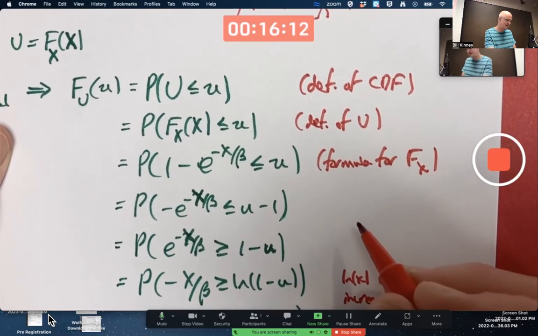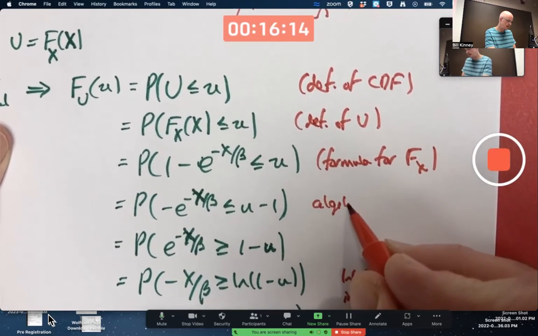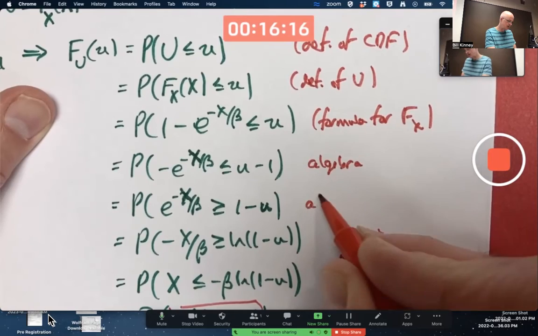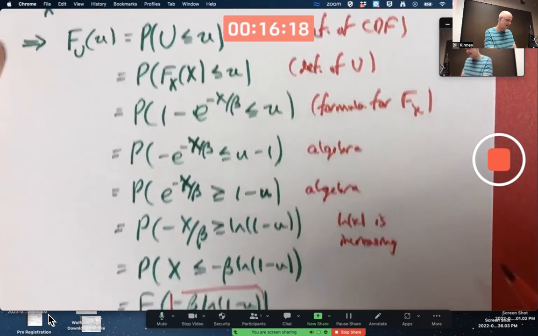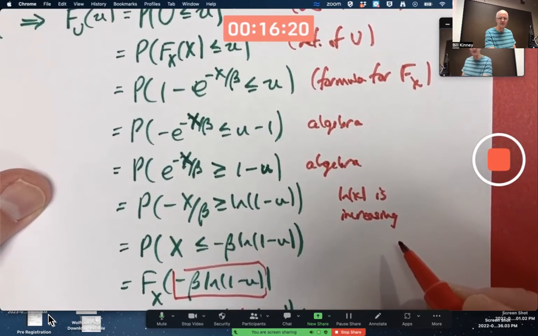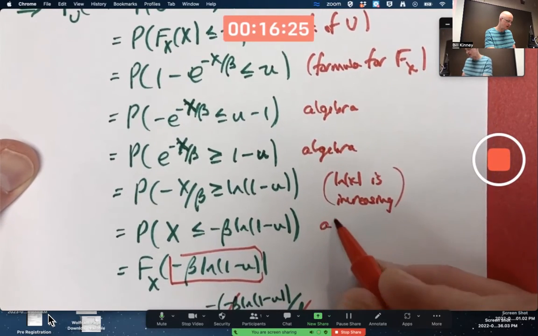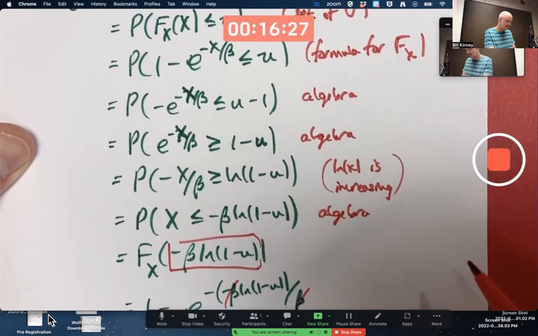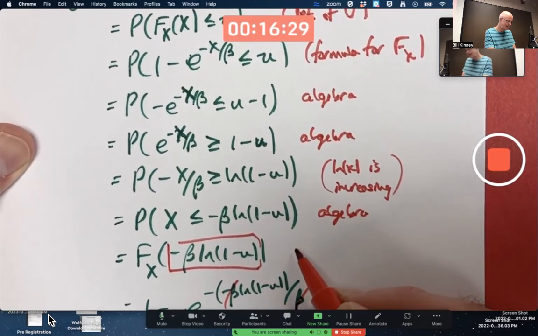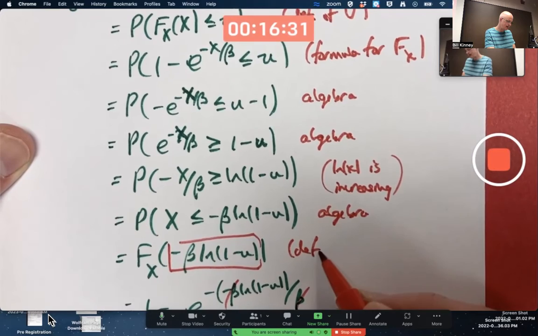This next step is algebra. Next step is algebra. Next step is algebra and the fact that ln of x is increasing. Next step is algebra. And this is the definition of a CDF again.